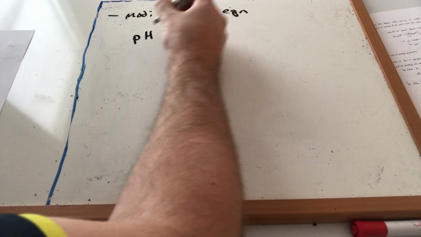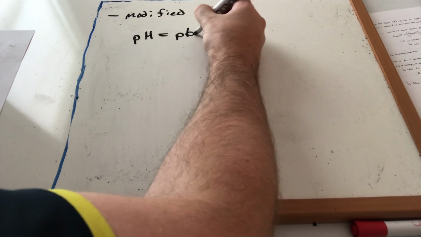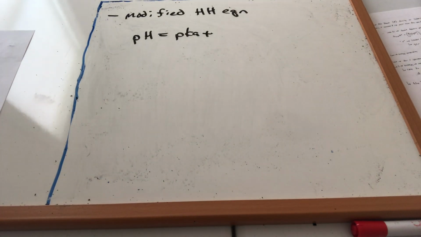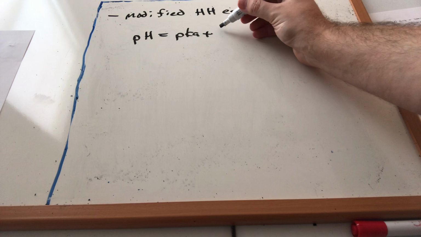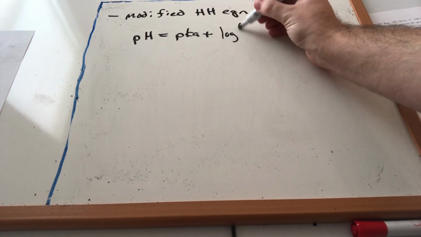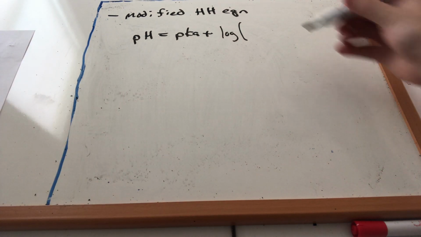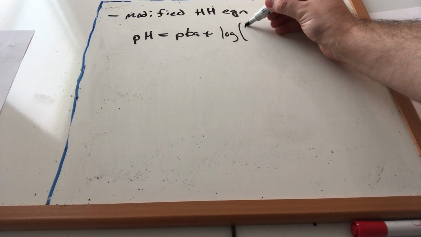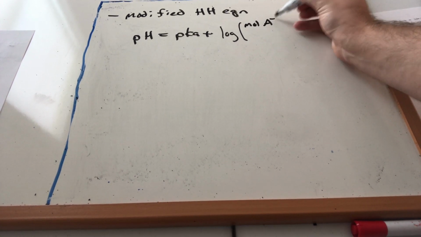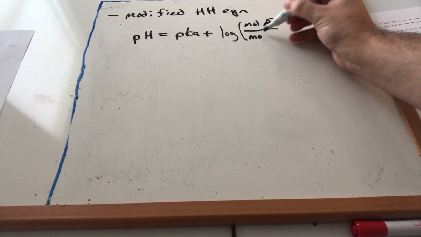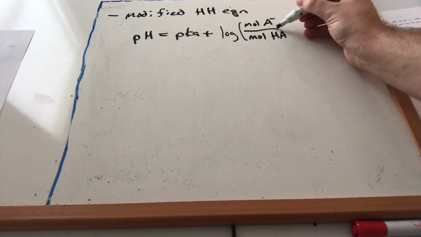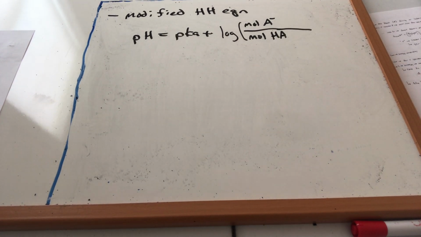It looks like pH is pKa, and just because Chem 101 in your book uses moles, especially for this part, I'm going to use the version of the Henderson-Hasselbalch equation that has moles in it and not concentration, but the same idea applies. I'm going to put moles of A minus on the top and moles of HA on the bottom. That's just the normal Henderson-Hasselbalch equation.